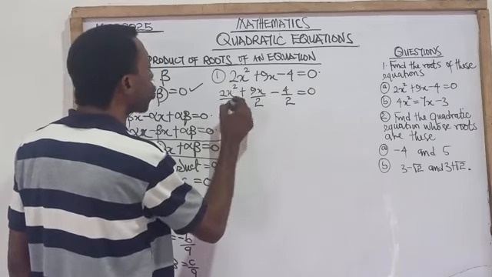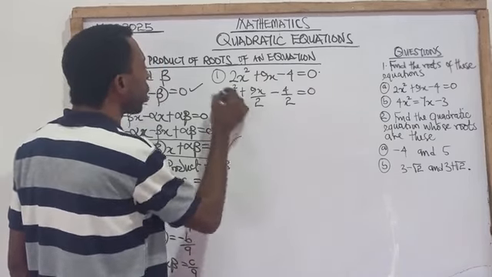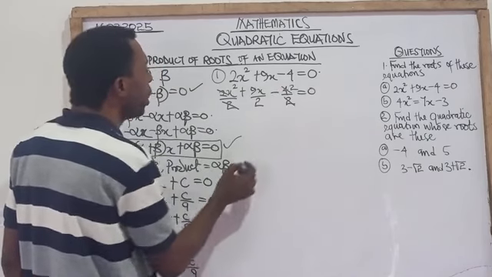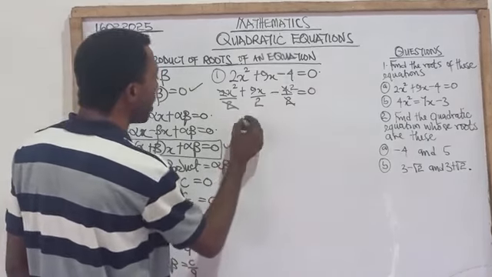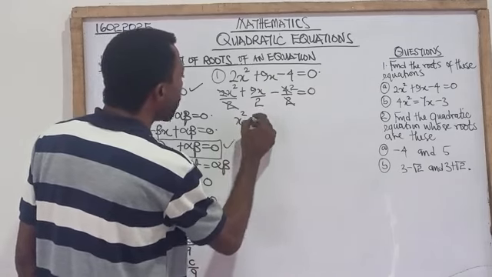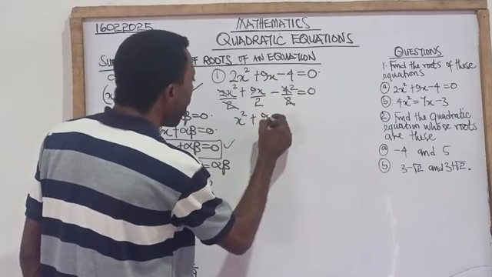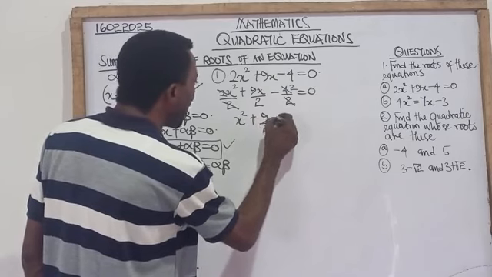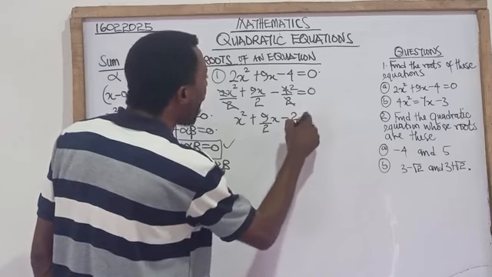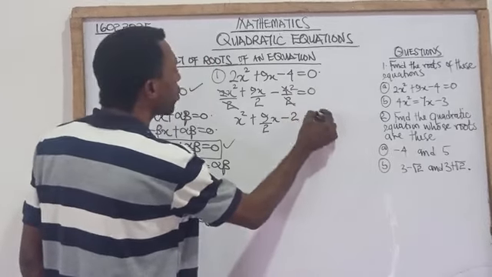Don't forget that this one has cancelled this, and this one also cancels this one and gives 2. So what we are left with is x squared plus 9x over 2 minus 2 over 1 equals 0.